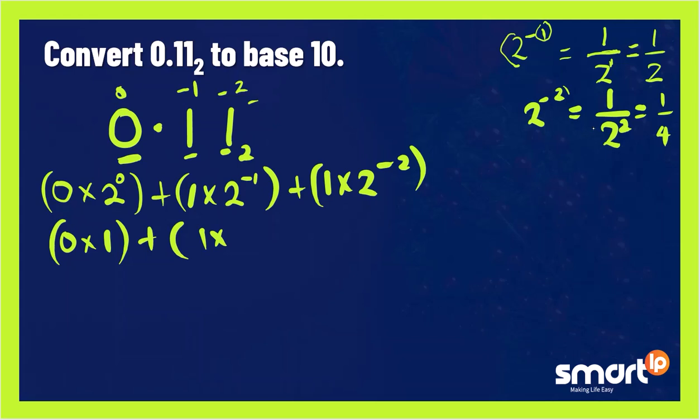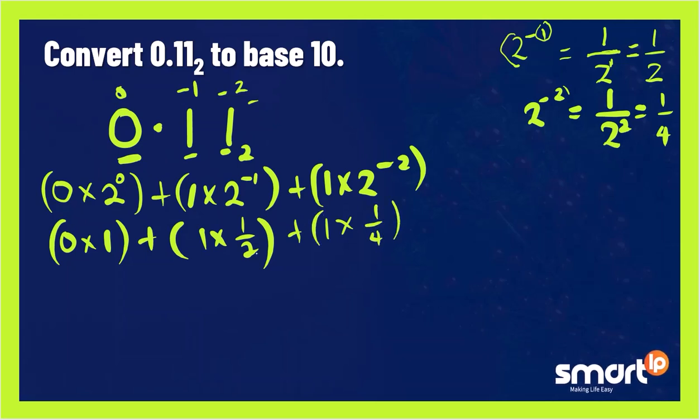If you have 2 raised to the power -3, that's 1 over 2 raised to the power 3, which is 2 times 2 times 2, which is 8. So 2 raised to the power -3 is 1 over 8. You get the idea? Great. For this one, 2 raised to the power -1 is 1 over 2, then plus 1 times 1 over 4.